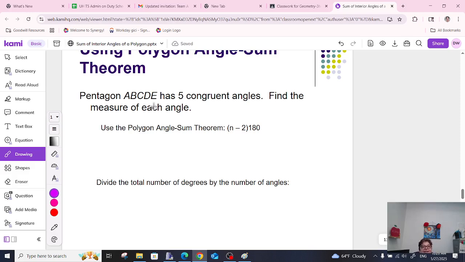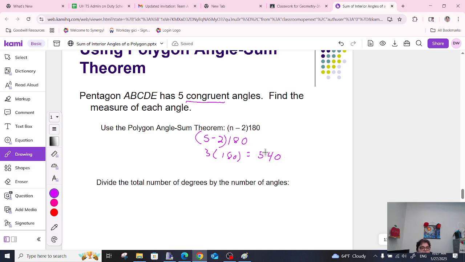So pentagon ABCDE has 5 congruent angles. Find the measure of each angle. Well, since they are congruent, we'll be able to find what each angle is by division. But first I have to find the sum. So I'm going to do 5 minus 2 times 180, which is 3 times 180, which is equal to what? 540.